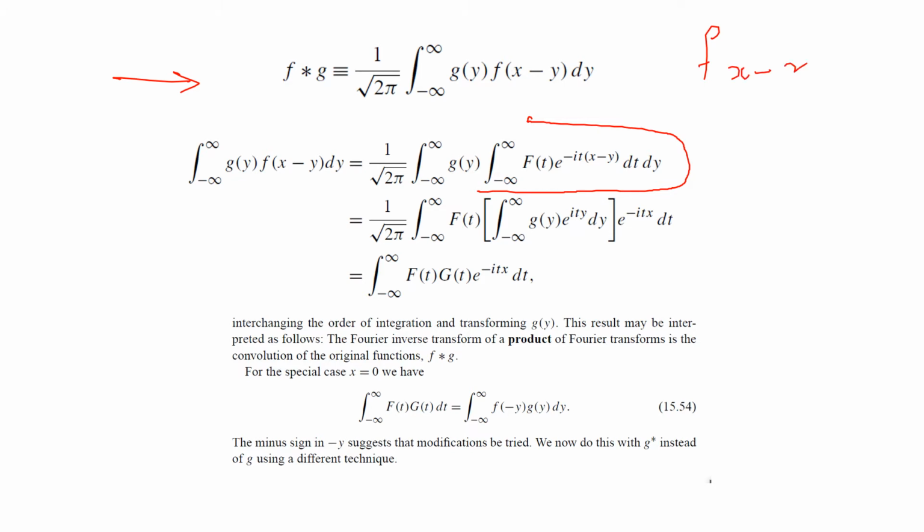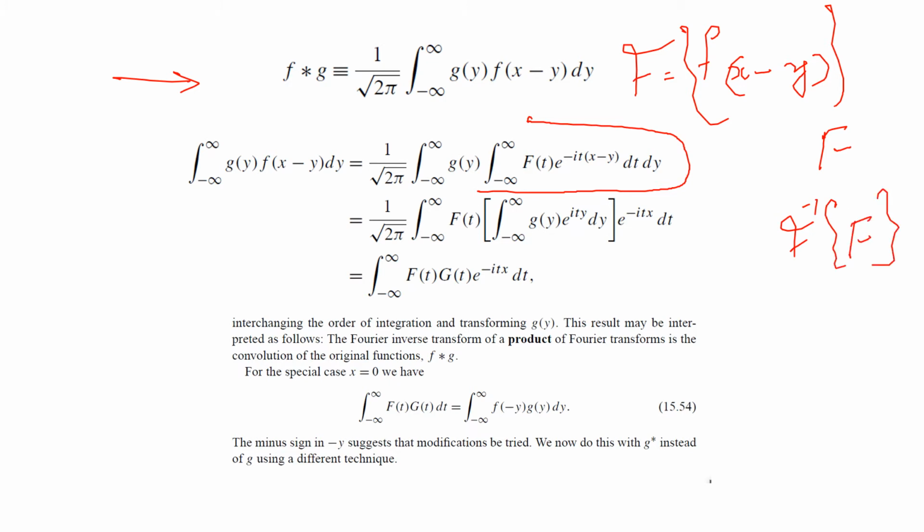If the Fourier transform of f of x minus y is F, then the inverse Fourier transform of F is f of x minus y. That is what they used there. So instead of this f of x minus y, it is written as the inverse Fourier transform of F of t. What is F of t? F of t is the Fourier transform of this function small f of x minus y.